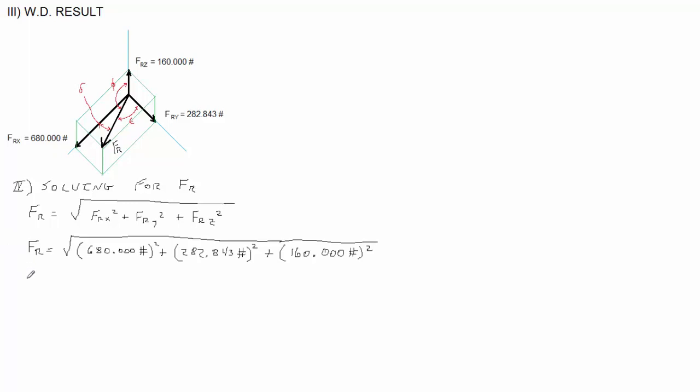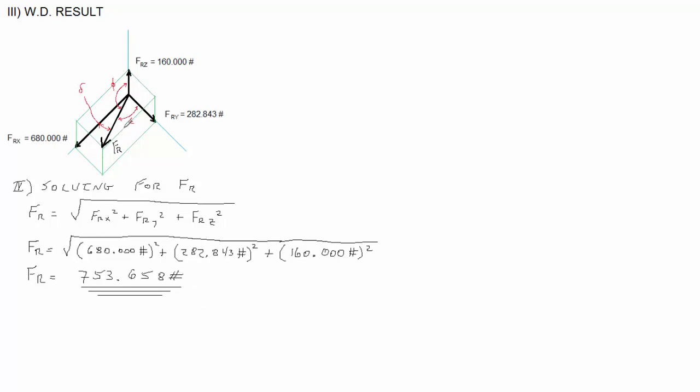Plugging the values in, we find that FR equals 753.658 pounds. And notice that there is no sign on that resultant force, and that's because we haven't determined the angles for it yet. It would be incorrect to write positive or negative on that. That's strictly a magnitude.